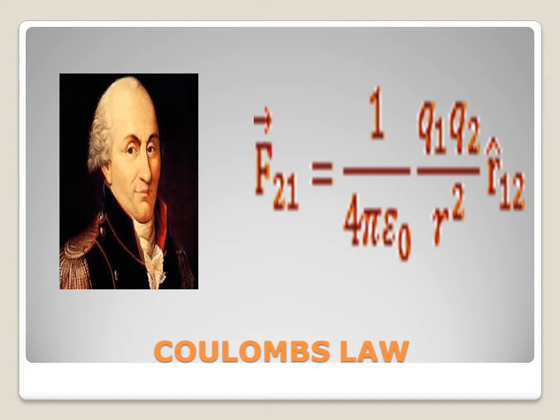According to Coulomb, the force on the point charge q2 exerted by another point charge q1 is given as F21, which is equal to 1 by 4 pi epsilon naught times q1 q2 by r squared, where 1 by 4 pi epsilon naught is a constant and is represented as k.